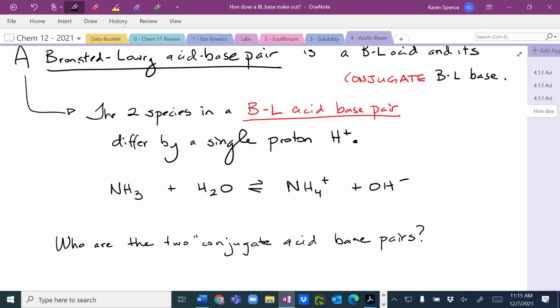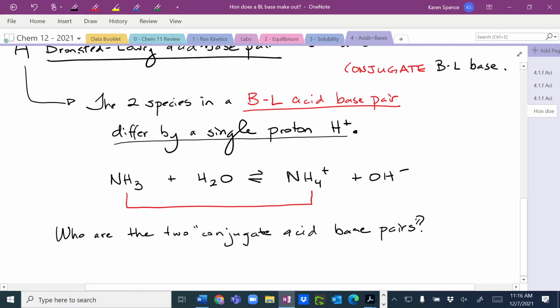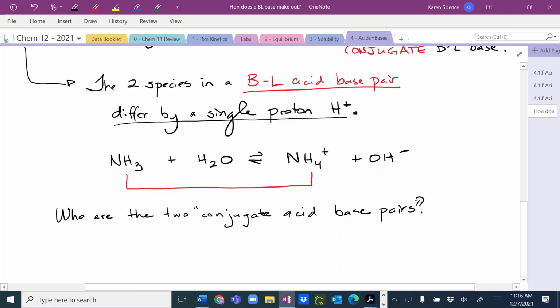And remember, an acid-base pair differ by a single proton. NH3 and NH4 plus, yep. And our second one is the H2O and the OH minus, yes?